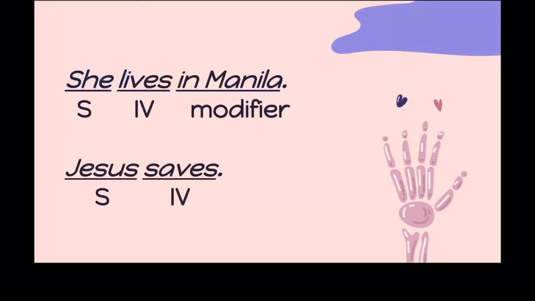Remember that an intransitive verb is a type of verb that does not need a direct object and is usually followed just by what we call an adverb modifier, just like in this example. Again, that is what we call the subject-intransitive verb or the SIV pattern.